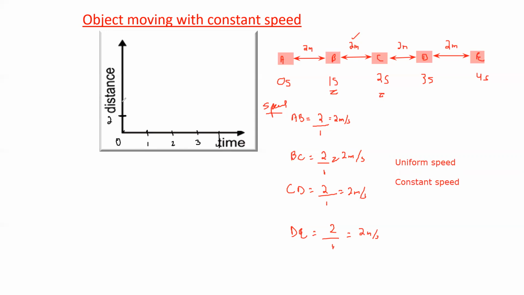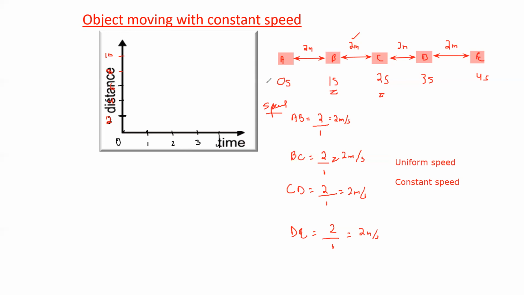For example, 2, 4, 6, so distance 2, 4, 6, 8, and 10. So we want to plot a distance time graph for this object which is moving with a constant speed.